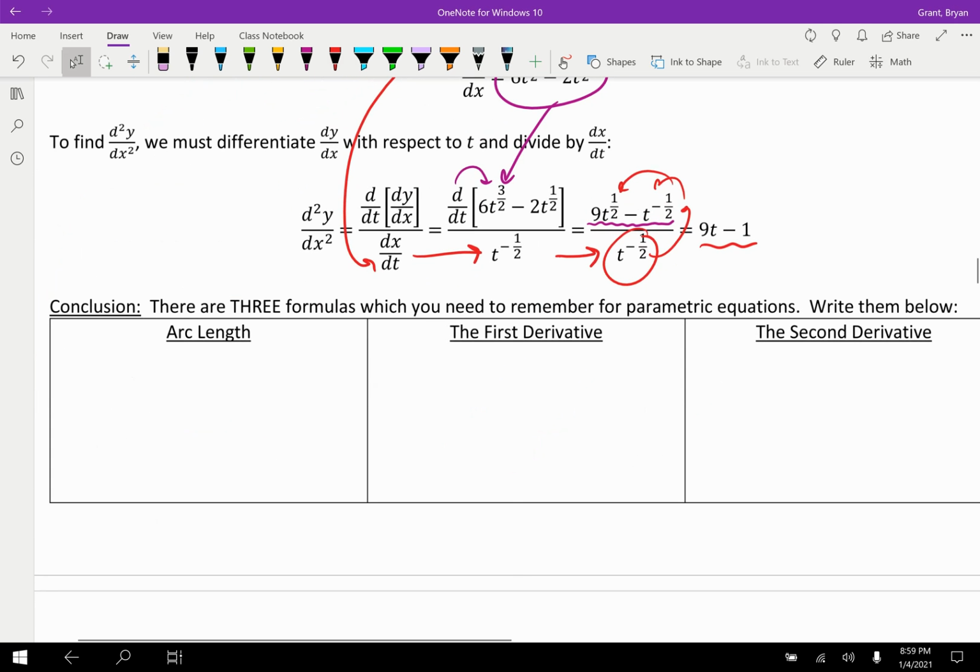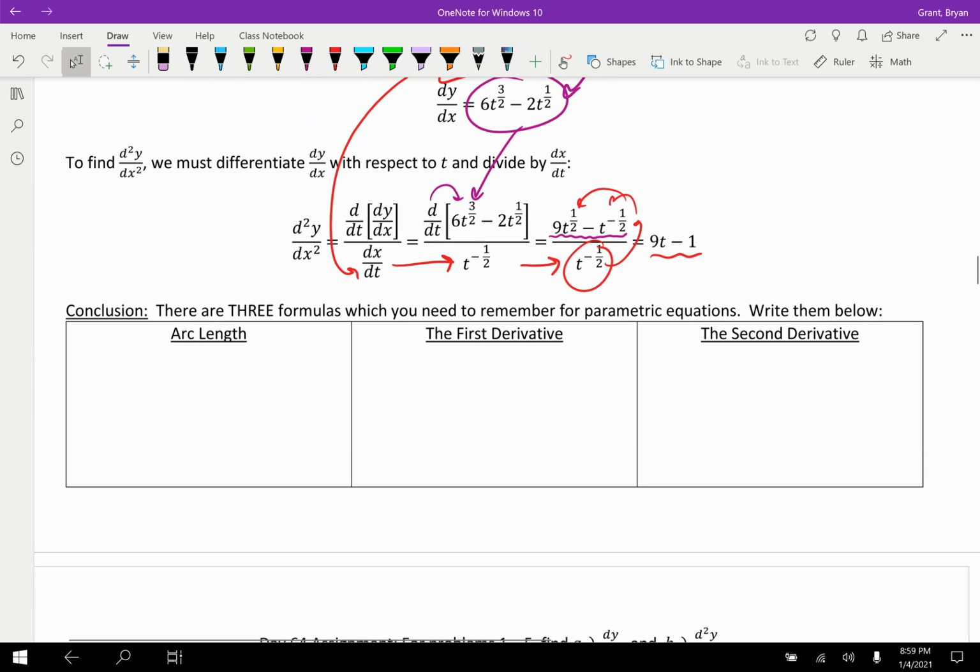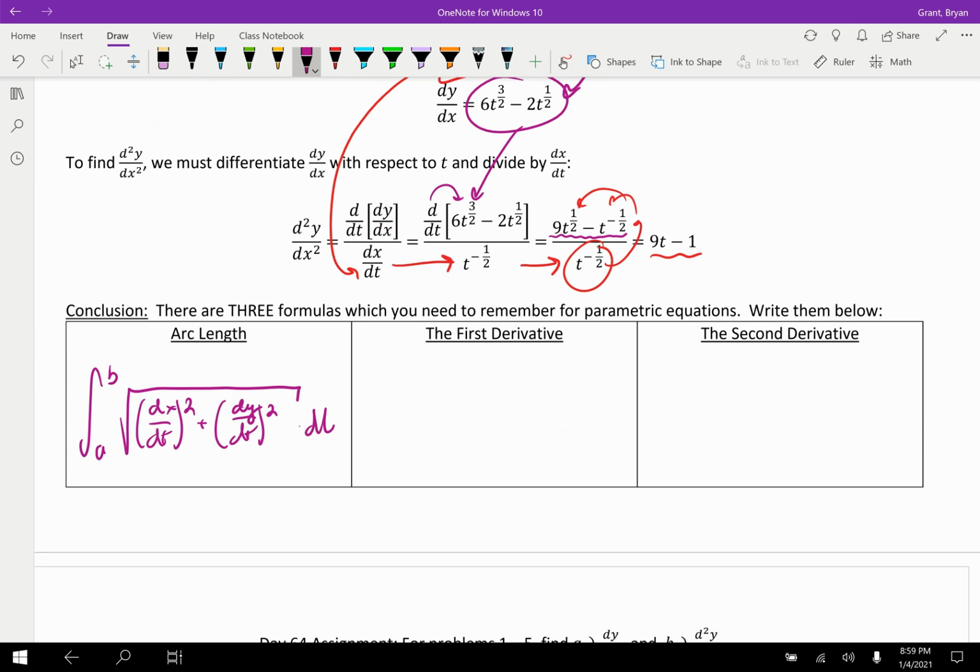So that is all we need to know for our 3 parametric calculus connections. Arc length, and help me write it out, right? We go from a to b, square root of dx dt squared plus dy dt squared dt.